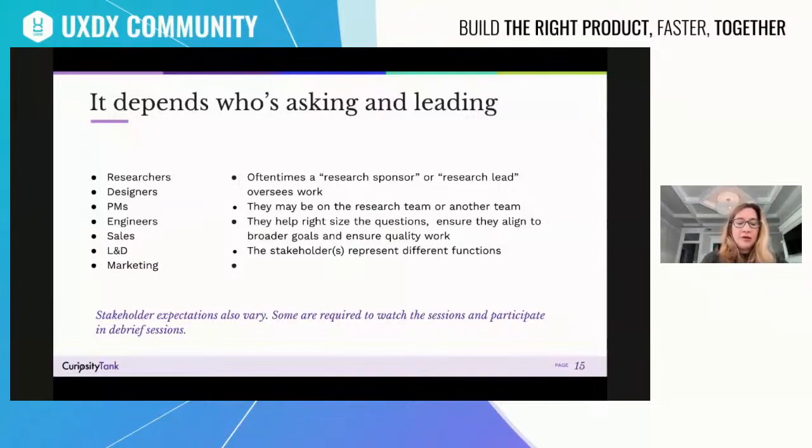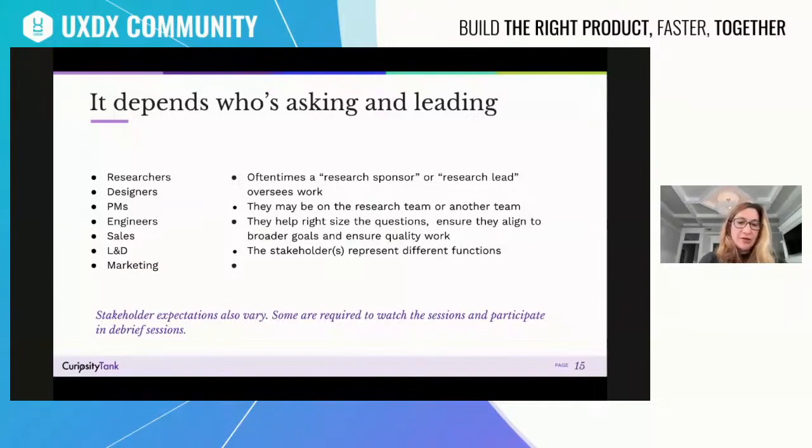Also, the stakeholders themselves can vary, because those are the people who are bringing the questions forward for exploration. So the question sets themselves might arise from the design team or the product team or the eng team or marketing, whomever. So that also influences the stakeholders that are involved.